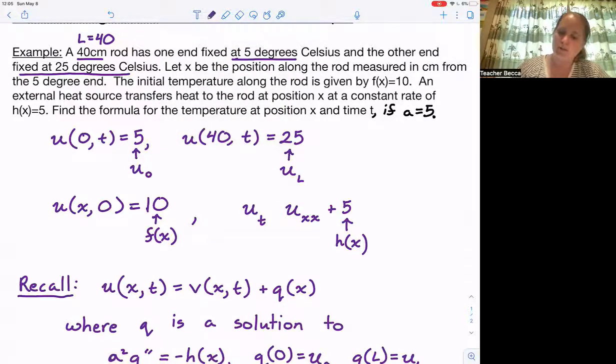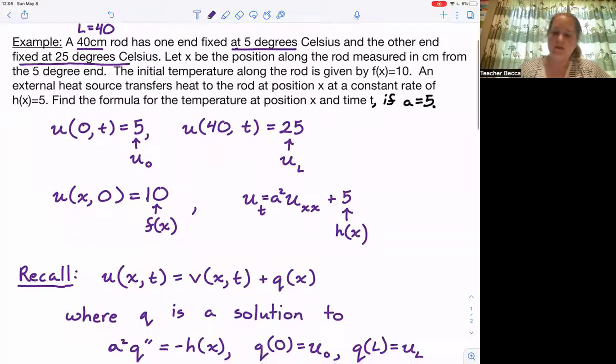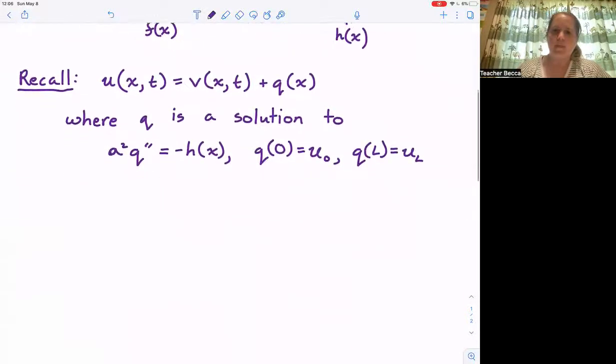We should have u sub t is equal to a squared u_xx plus 5, and our a squared would be 5 squared. All right, there we go.